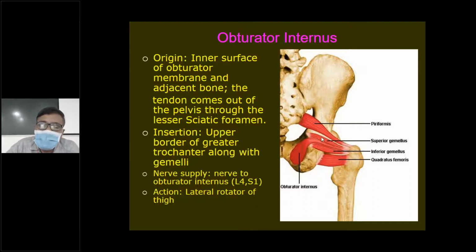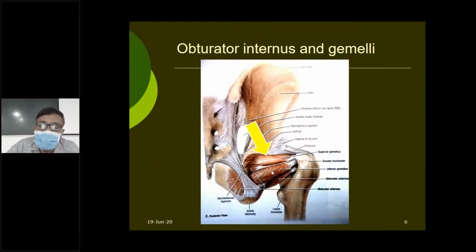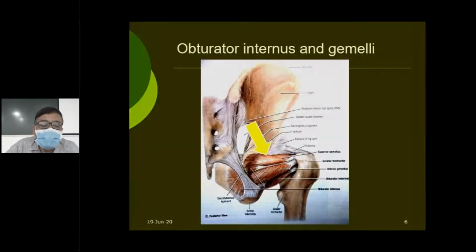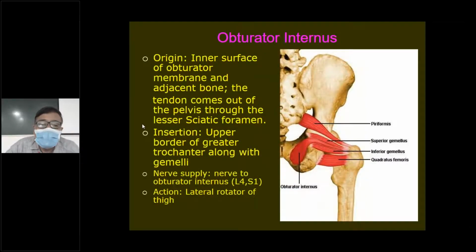As it comes out, it is joined by the two gemellae, like bodyguards. You can see two gemellae, superior gemellus and inferior gemellus. The gemellae fuse with it also, but still we can separate the obturator internus. All the three, obturator internus and the two gemellae, are going towards the greater trochanter of the femur.